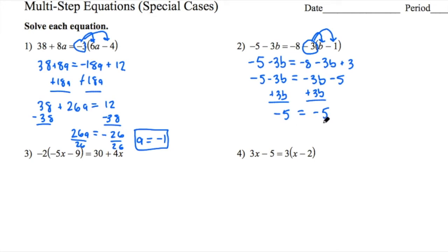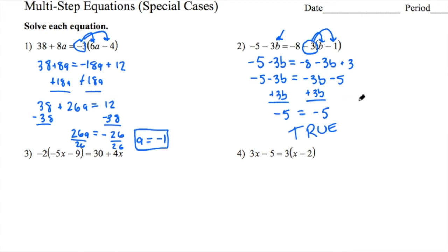So this is a special case. And in this special case, we came up with a true statement at the end after we had simplified. All the variables disappeared, and we got a true statement. Negative 5 is equal to negative 5. So that's true. What that means is any value that we had tried to plug in for b at the beginning would have worked. No matter what value it is, any value would have worked.